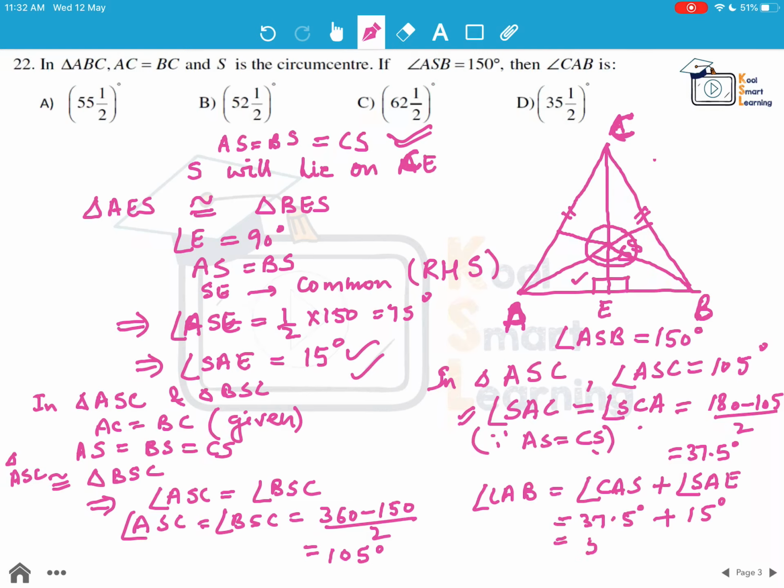So this becomes 52.5 degree, which is option B. So this is the answer to this question. Option B, 52.5 degree is the answer to this question. And for all the congruency rules and other rules, angle sum property, you can refer to the other videos on triangles. We'll be providing links to all of these videos in the description below.